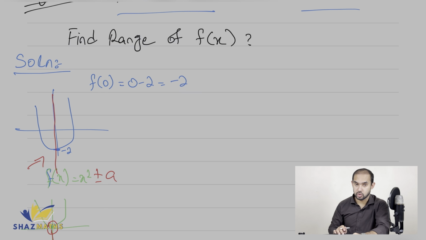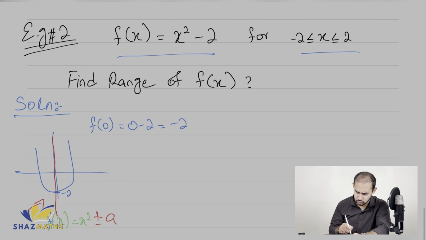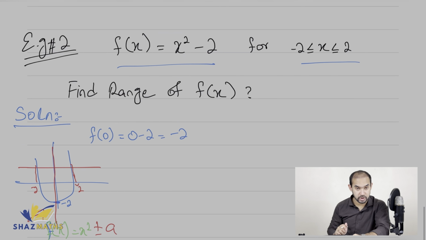Ready? Why I'm saying this is because at -2 and +2, let's say this is -2 and this is +2, the y value would be the same. Always for a parabola, if the distance from the line of symmetry is equal, the y value would always be equal. So let's find the maximum possible value of the function.